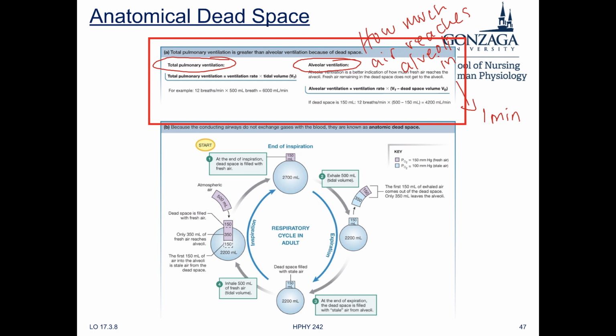To calculate that, assuming that the anatomical dead space is 150, like I just mentioned, it's a similar calculation: 12 breaths per minute, but you multiply that by the tidal volume minus your anatomical dead space, 500 minus 150. Because of that, your alveolar ventilation is much less than the total pulmonary ventilation.